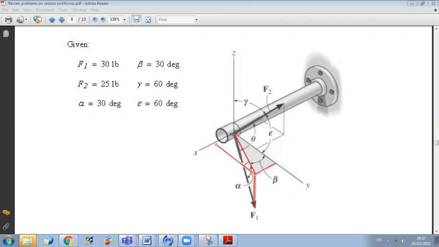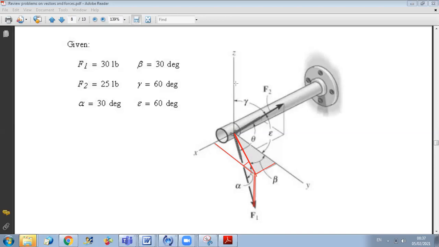Here, instead of giving you fz, fx, fy, they gave you fz and the projection of the force on plane xy. And since you are working in rectangular components, if you want to project on the xy plane, you should take the perpendicular to the plane. Oh, okay, thank you.